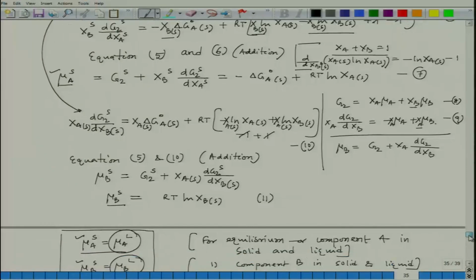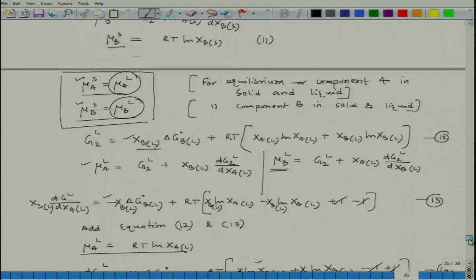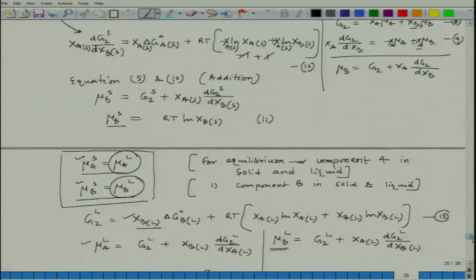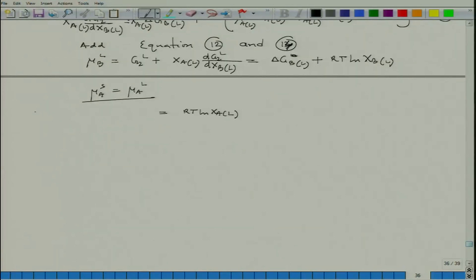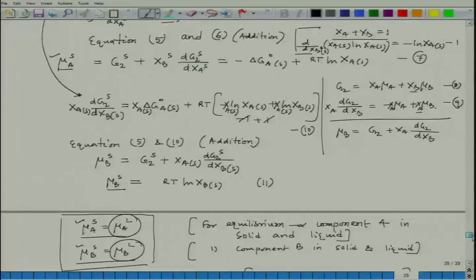So I can put that equation as minus delta GA plus RT ln XAS.